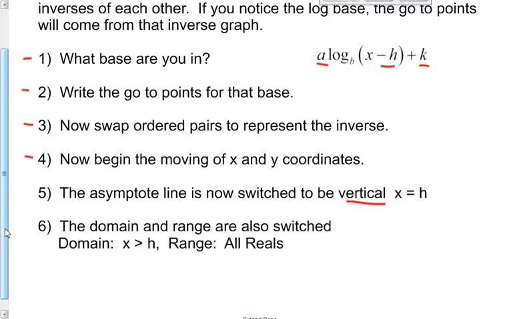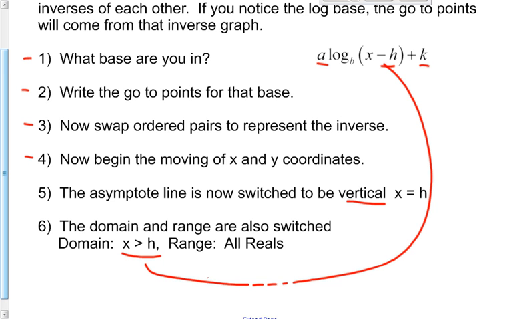So instead of seeing the domain as all reals and the range as y greater than 0, those now swap. The domain is now x is greater than whatever our h value is, and our range will now be all real numbers. Okay, so definitely get this list down, and then we'll talk through a few samples.